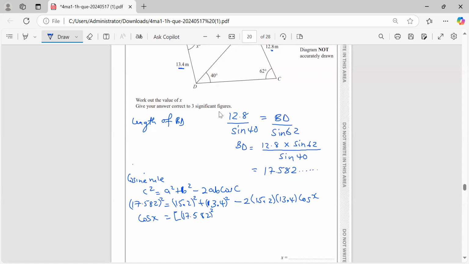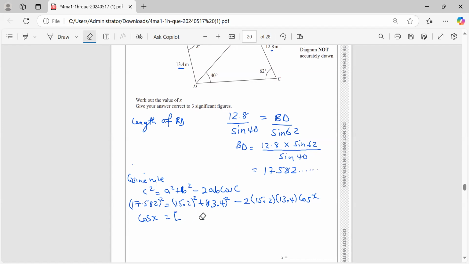You're going to subtract this over here. Actually, if you take this cos X over there, this 17.582 will become negative. So let's put it in this way.